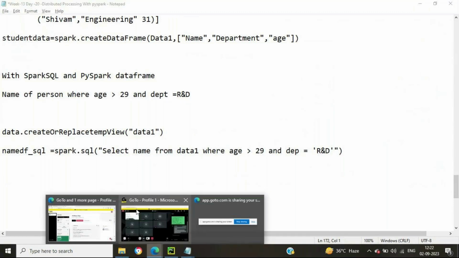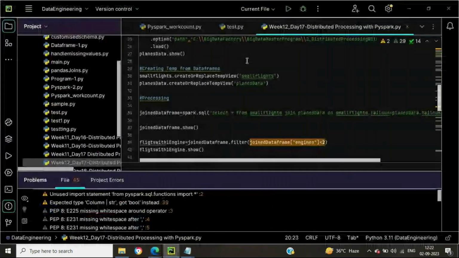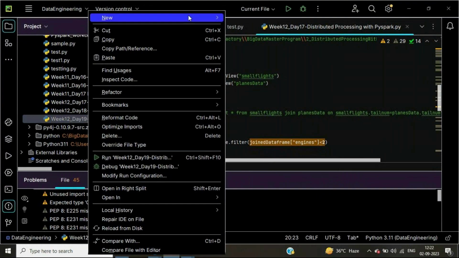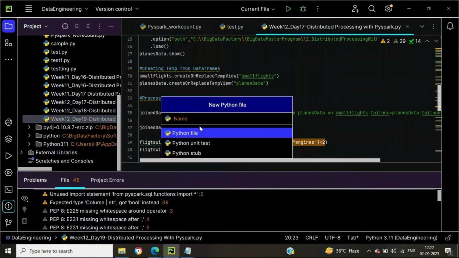So let me create a new notebook, say week 13, day 20.